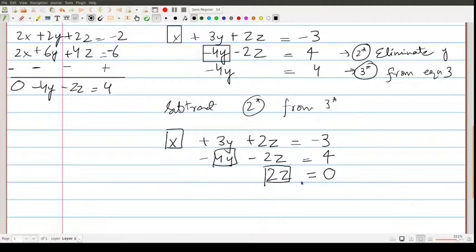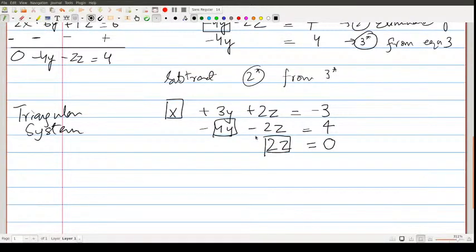Okay, so at this point I have converted my system to what I call a triangular system, and we call it triangular because notice that if I put this into matrix form and look at the coefficients, I have 1, 3, 2, minus 4, minus 2, 2, and below this is all 0.